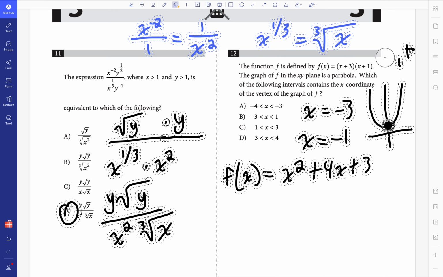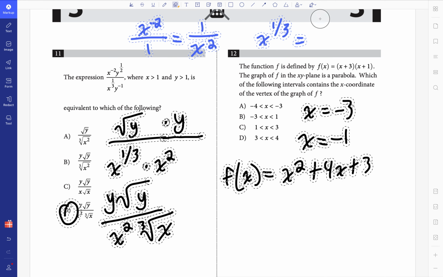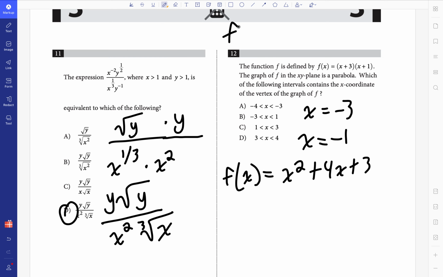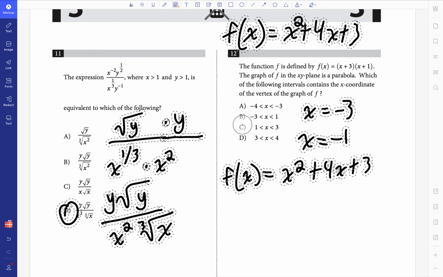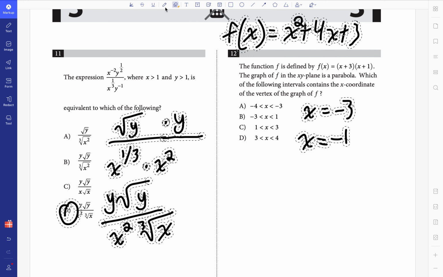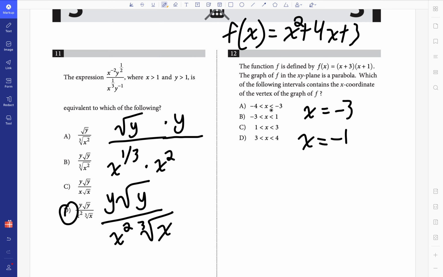But here, let me write that f of x equals x squared plus 4x plus 3. Let's get rid of this down here. This wasn't even necessary. I just wanted it as a reference, just reference mentally so I can visualize it.